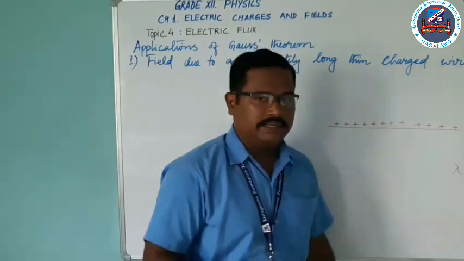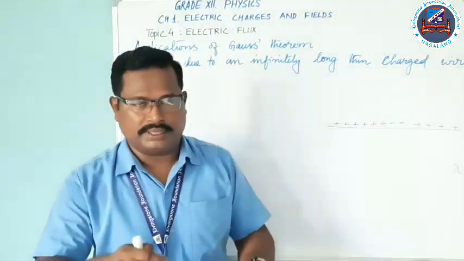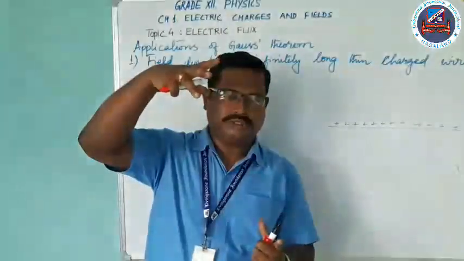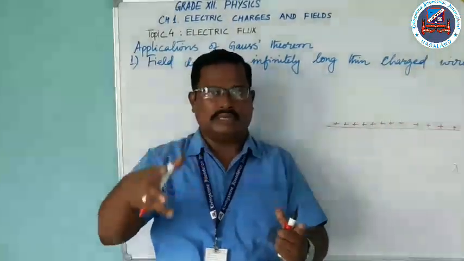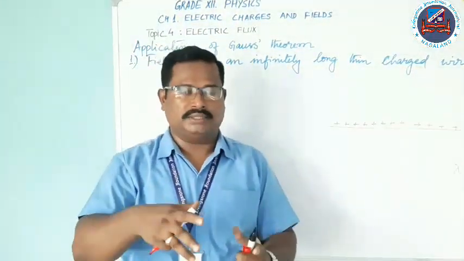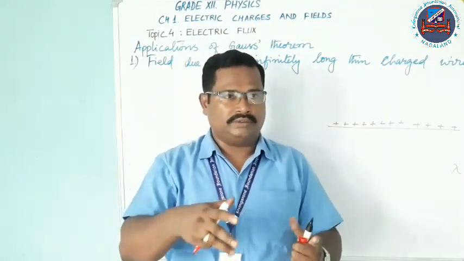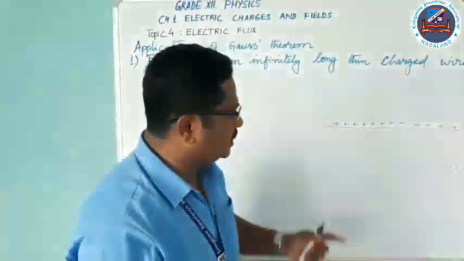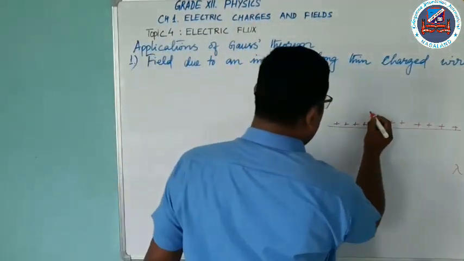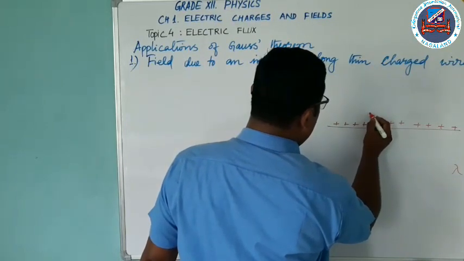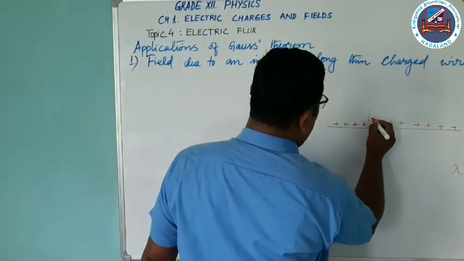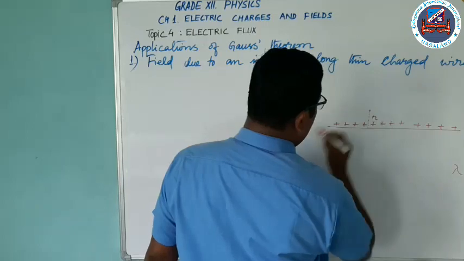Now, we know that the electric field lines go away from the positive charge. To draw the Gaussian surface, which is an imaginary surface, you'll have to take the points at an equal distance from the wire. Suppose let us say it is R at this point.